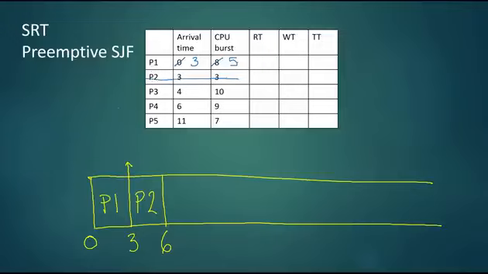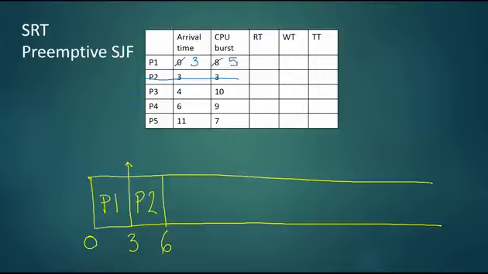Well, at time 6, in the ready queue, we have P1 that has a CPU burst of 5, we have P3 which has a CPU burst of 10, and we have P4 which has a CPU burst of 9.